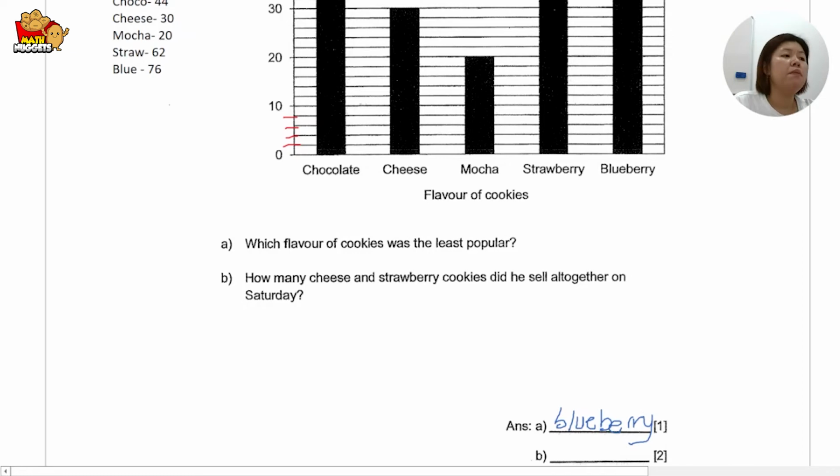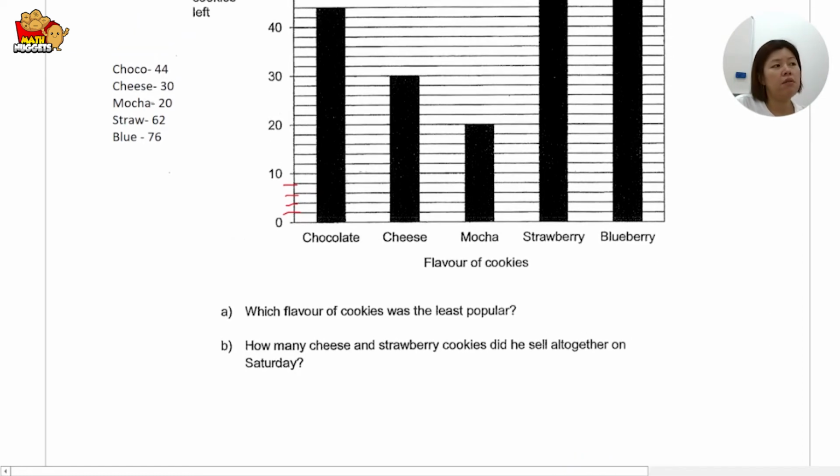Okay, so how many cheese and strawberry cookies did he sell altogether? The amount of number here is the number of cookies left. So in order to find sold, we need to actually take 150 minus my cheese is 30, which will give us 150 minus 30 equal 120.